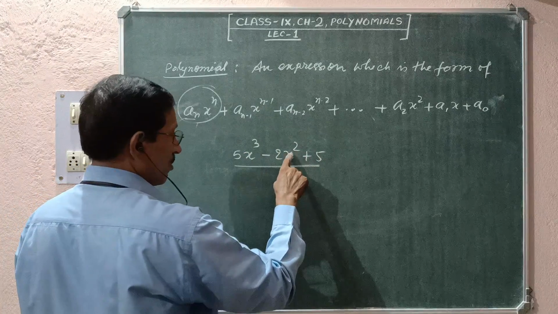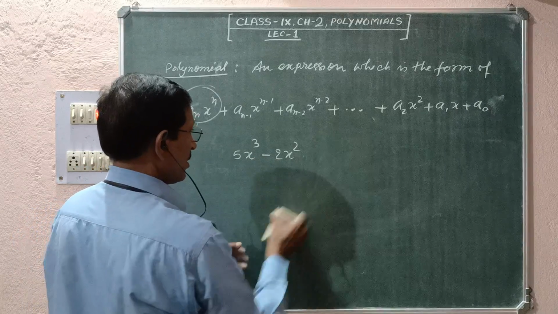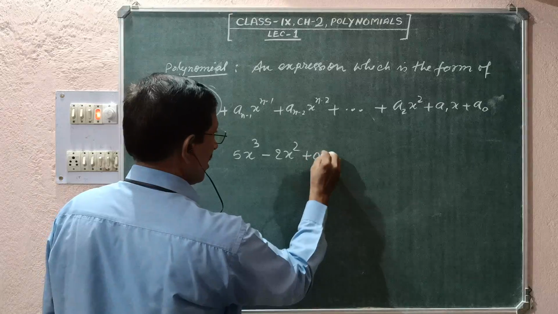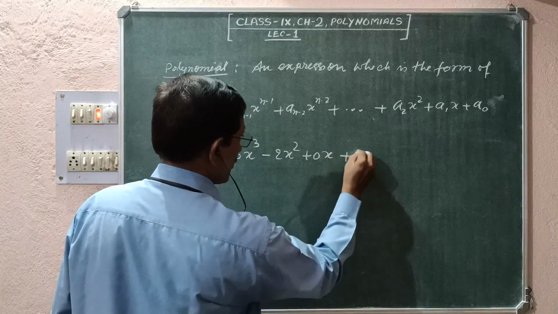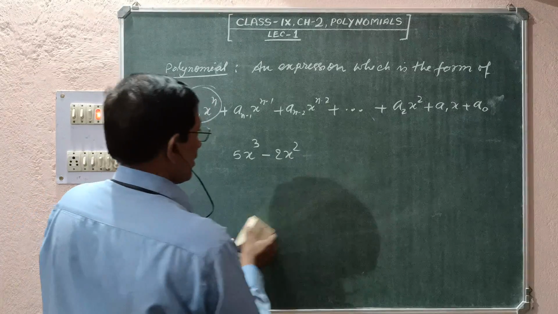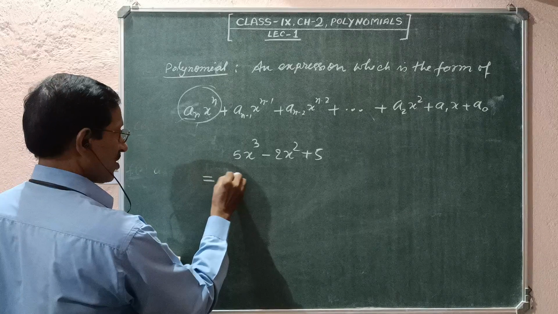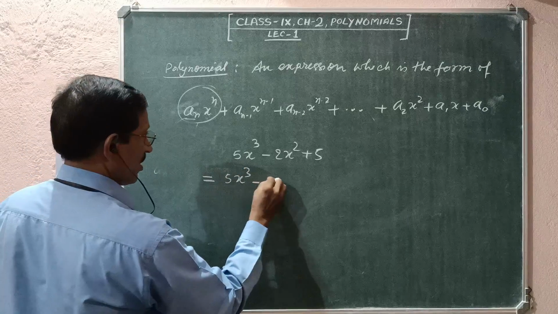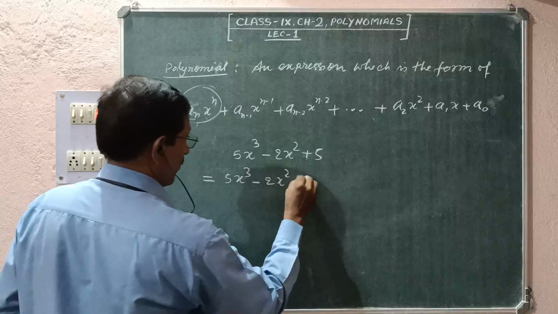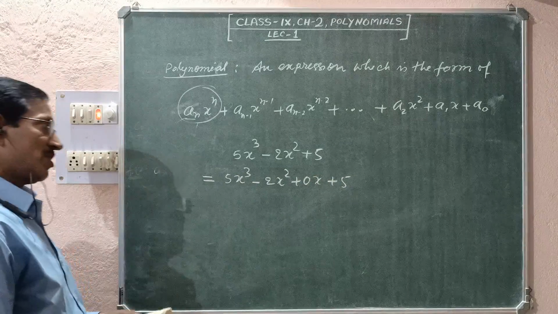So here the power of the variable 1 is missing. So we can write 0x plus 5. That means initially it was this, and it may be written like this: 5x cube minus 2x square plus 0x plus 5.